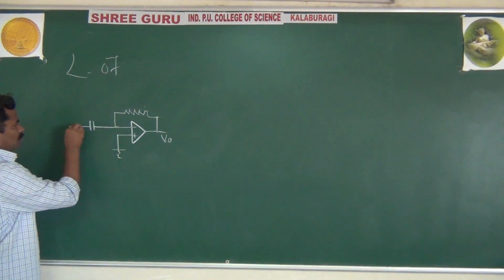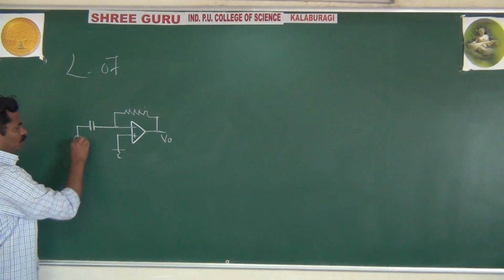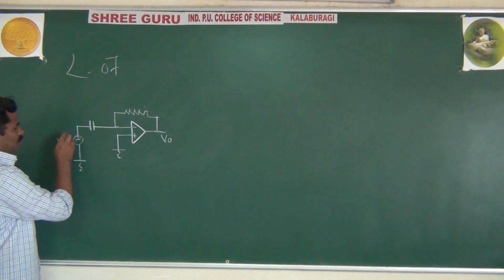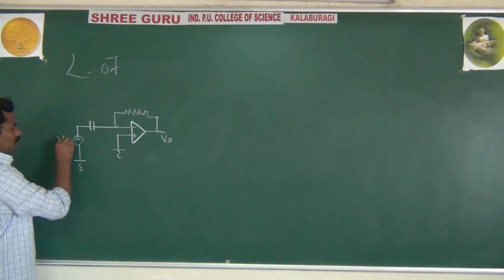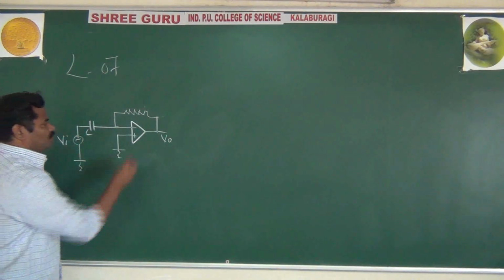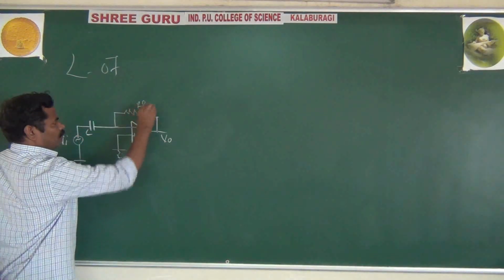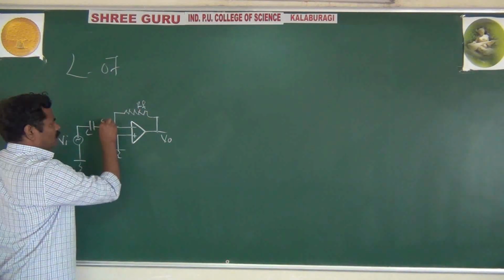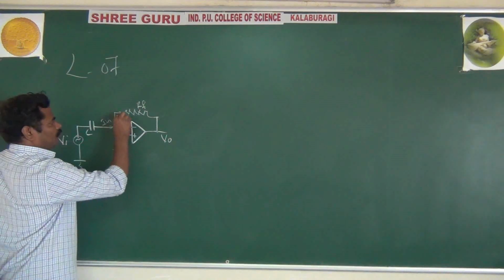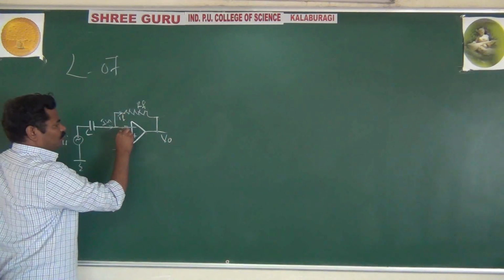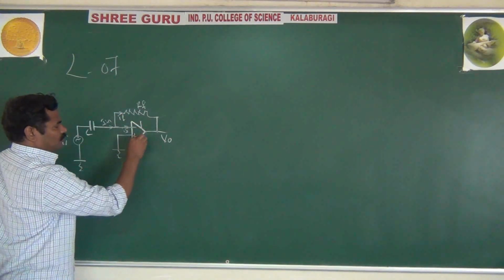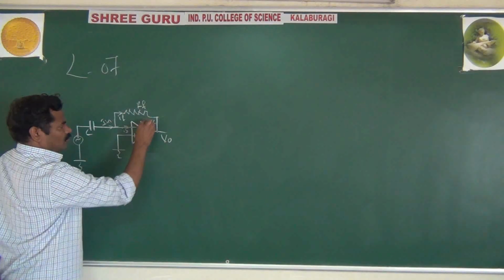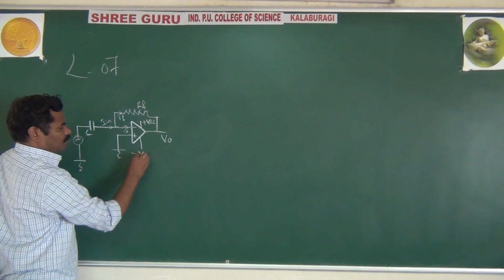You are applying the input to the capacitor, and this is your RF, and this is your IN, IF, and IB as well, and this is your positive VCC and negative VEE.